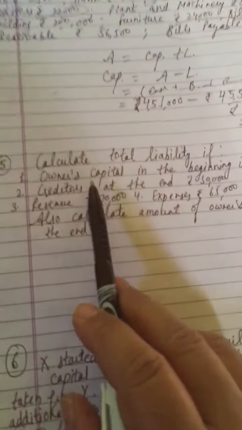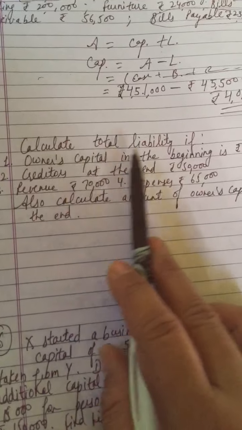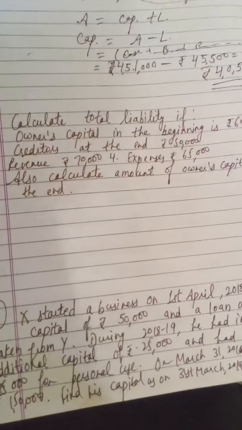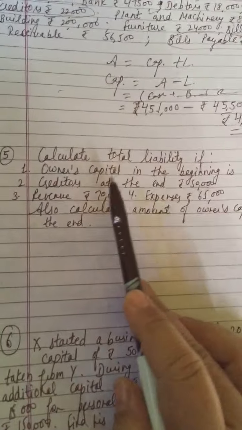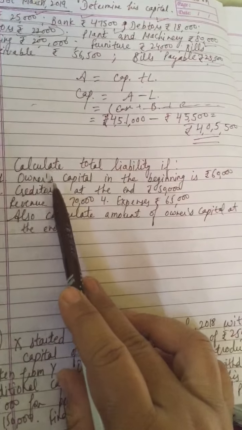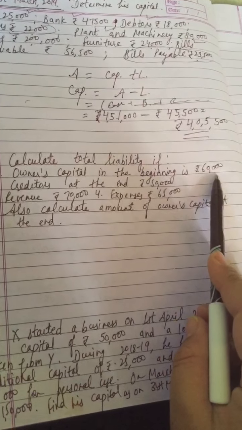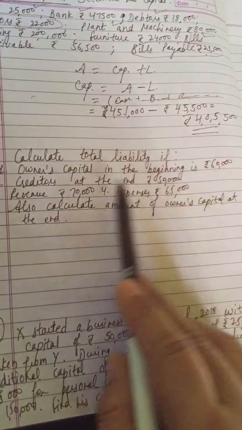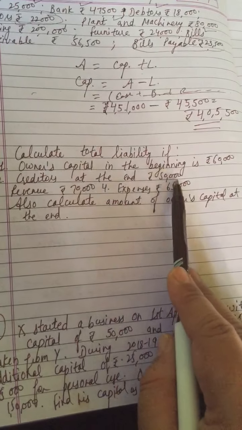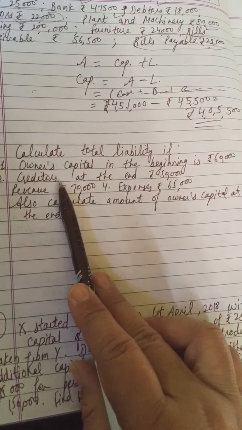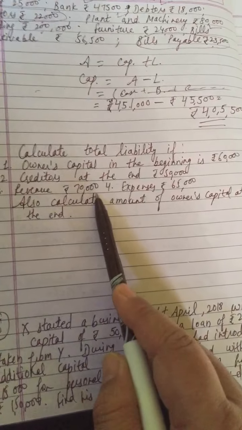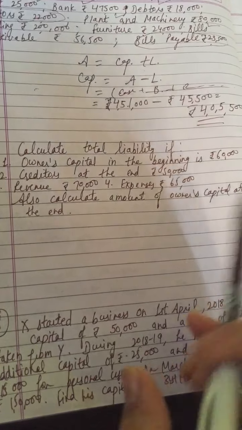And the next question is calculate total liability. Total liability we have to calculate, and we have been given owner's capital in the beginning, that is opening capital rupees 60,000, creditors at the end rupees 50,000, means liability, revenue rupees 70,000, expenses 65,000.